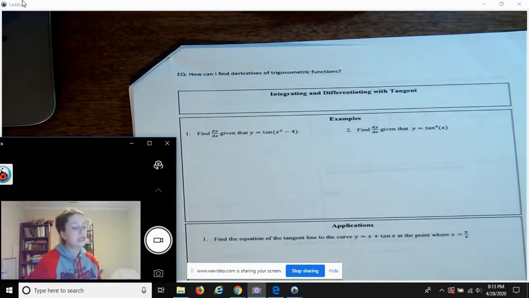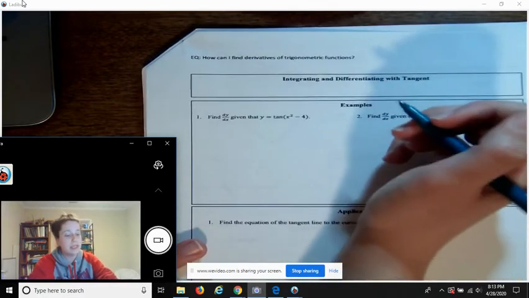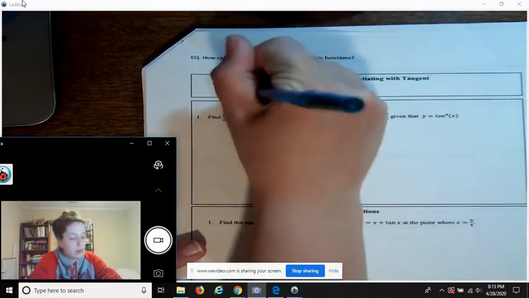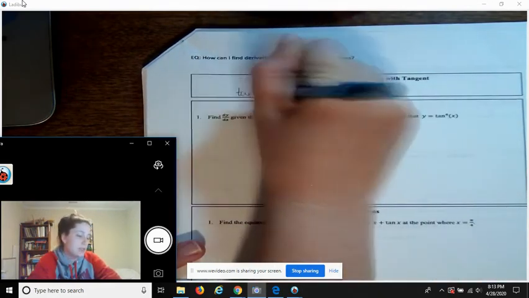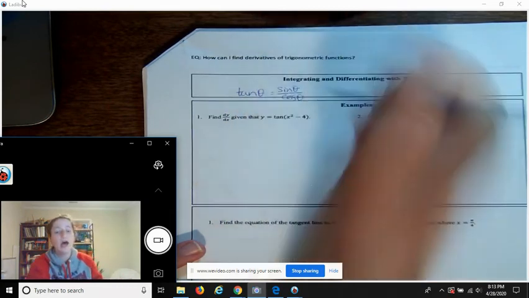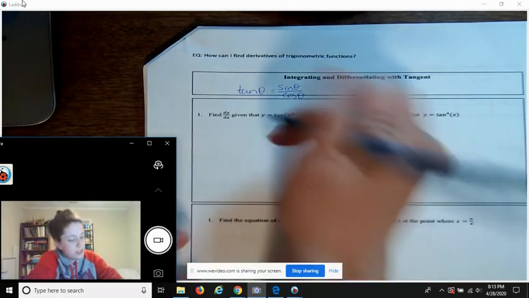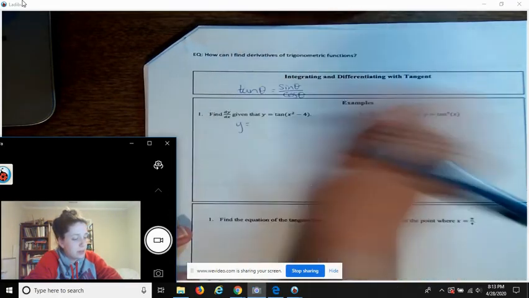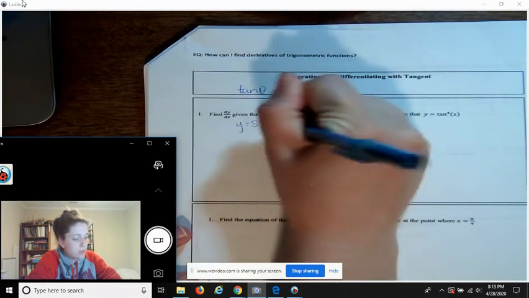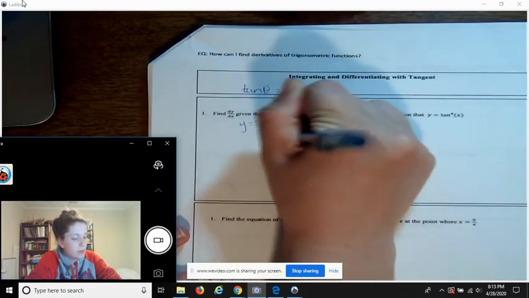Okay, so we could figure this out basically by remembering that tangent of theta is equal to sine of theta over cosine of theta. And so we can rewrite each of these functions as sine over cosine. So sine of x squared minus 4 over cosine of x squared minus 4.